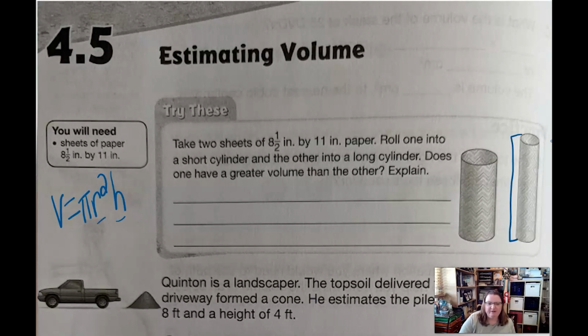In the other, the shorter but wider one, the radius is going to be greater. Because the radius is squared, that's going to have a bigger impact on the size. So you can try it with some different numbers if you want. You can play with it. But that should make sense to you looking at the formula. If you square this number, it'll have a bigger effect on the overall. It'll make the volume in the end greater. All right.